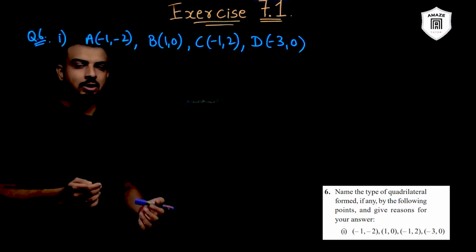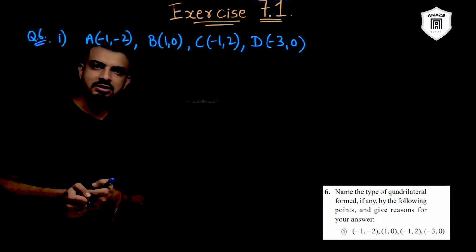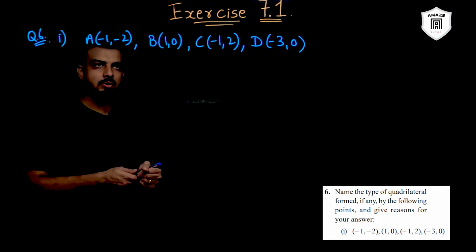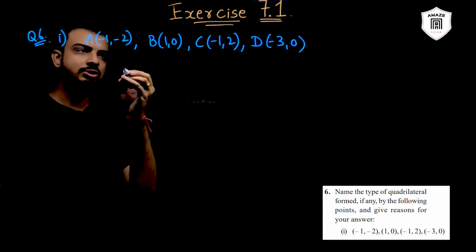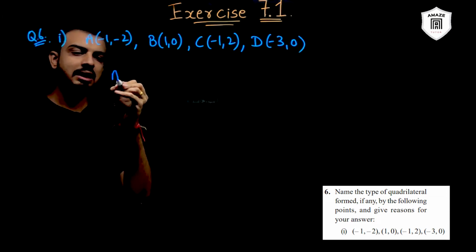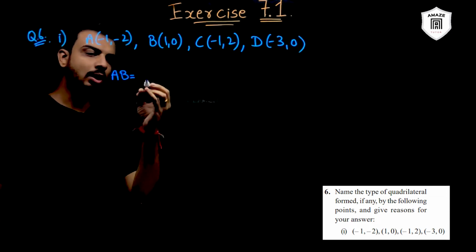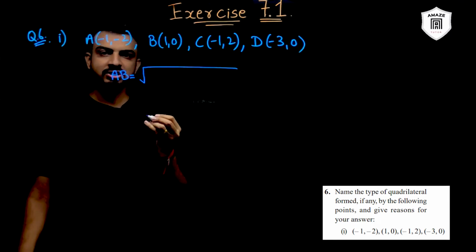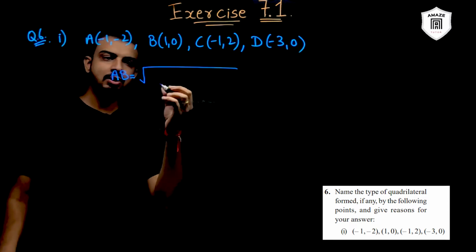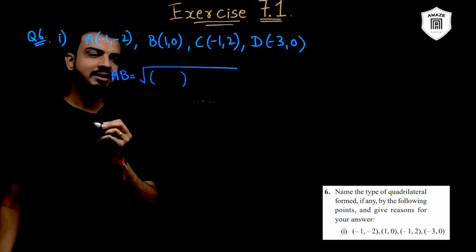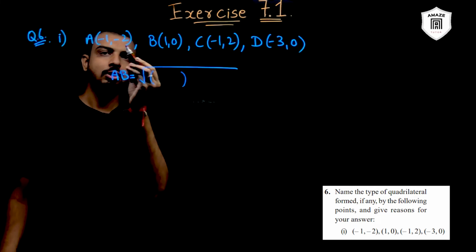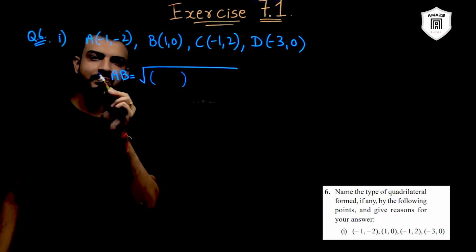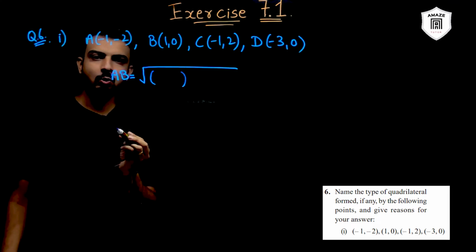Based on the lengths, looking at the properties of different types of quadrilaterals, maybe we can come to a point which type of quadrilateral it is, right? So let us figure out the length of AB first using distance formula. AB will be equal to root of, as per the distance formula, x2 minus x1 the whole square plus y2 minus y1 the whole square. This is A point, this is B. So you can take this as x1 comma y1 and this as x2 comma y2.